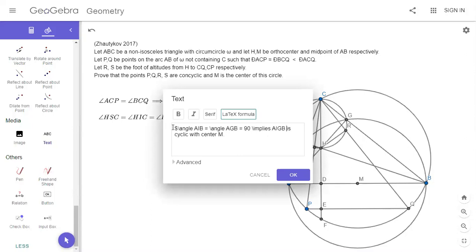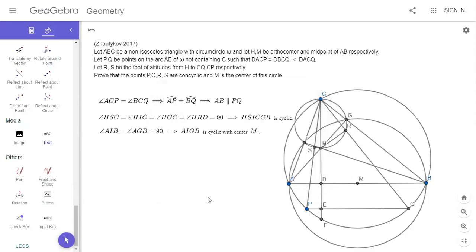And so now we can do basically an angle chase. So angle RSC is equal to angle RHC, which is equal to angle RQE.